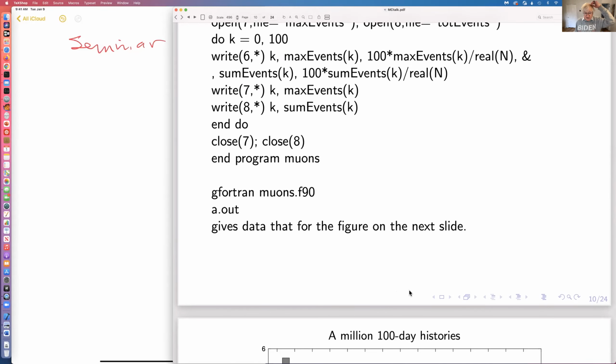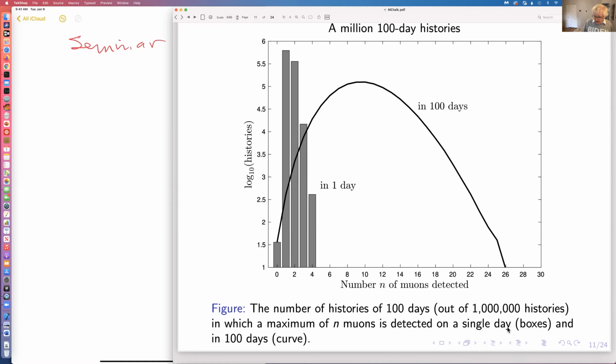And so what you see here is the number of histories of 100 days in which a maximum of n muons is detected on a single day. Those are the boxes. And in 100 days, the curve.